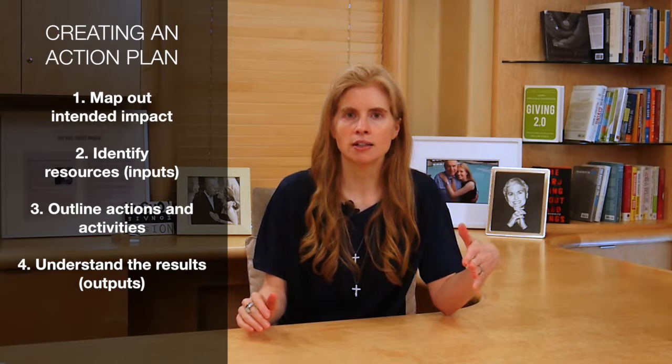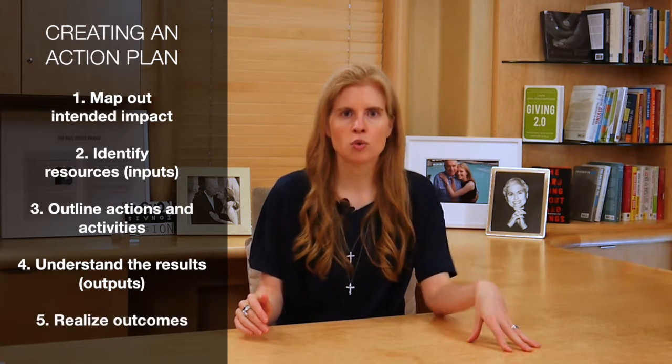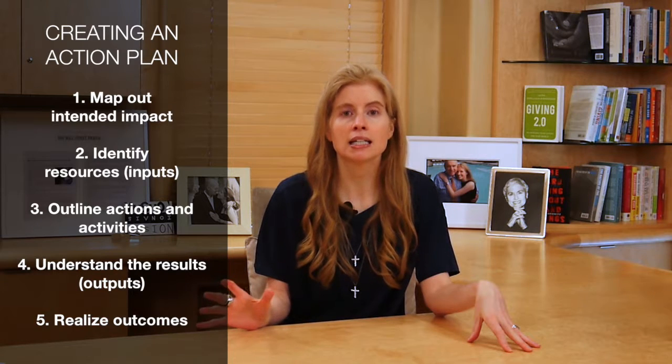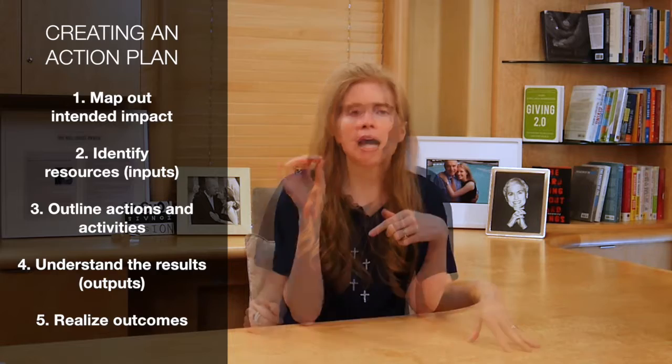And finally, we end where we began at our outcomes, which are the milestones that indicate the social improvements we aspire to make. Our theory of change helps us determine which strategies best align with our unique assets and goals.